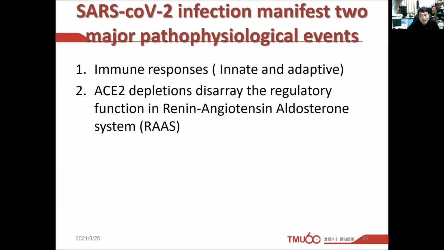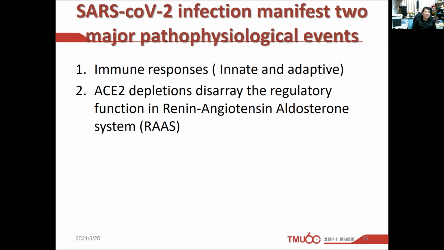However, those cytokines or free radicals, especially released from neutrophils, are toxic to the cells, and this may generate a cytokine storm, which may lead to ARDS. That's the main reason for death in COVID-19 patients with a severe immune response.